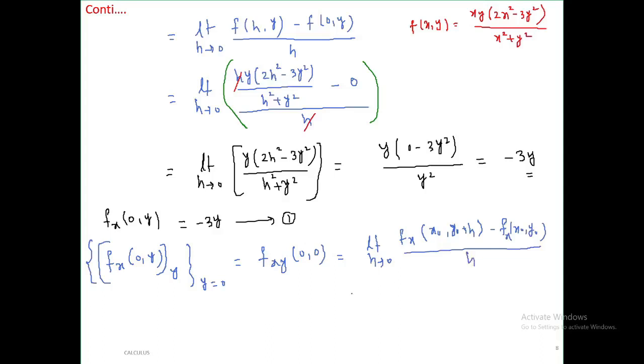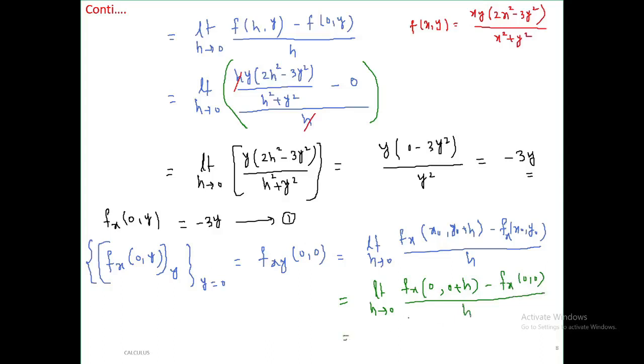Okay. Now this is limit h is becoming small, that is 0. So now what I need to substitute? fx at already x naught is 0, right? x naught is 0 already. y naught, now I am substituting 0, so 0 plus h. Okay, minus fx at 0 comma 0 whole upon what? h.